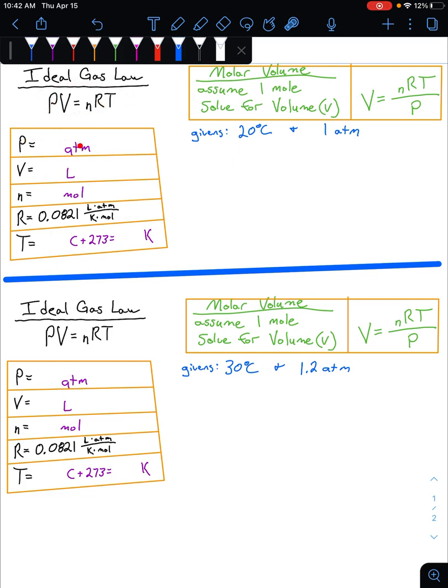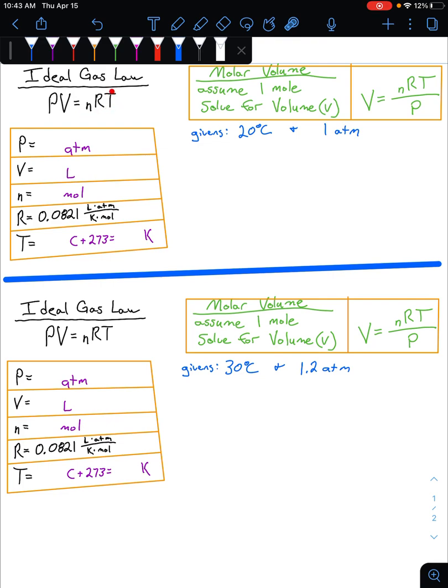But real quick, pressure is in atmospheres for this, volume is in liters, n is moles, and the gas constant for the ones we'll be using is 0.0821 liters times atmosphere per Kelvin times mole. That's weird, but all those cancel out nicely. Again, if you watch one of the other videos, you can see how they cancel. And temperature is often given in Celsius, but needs to be converted to Kelvin with a plus 273.